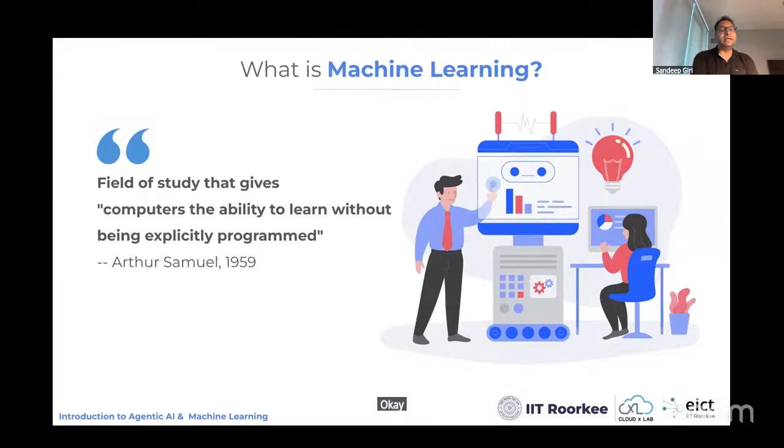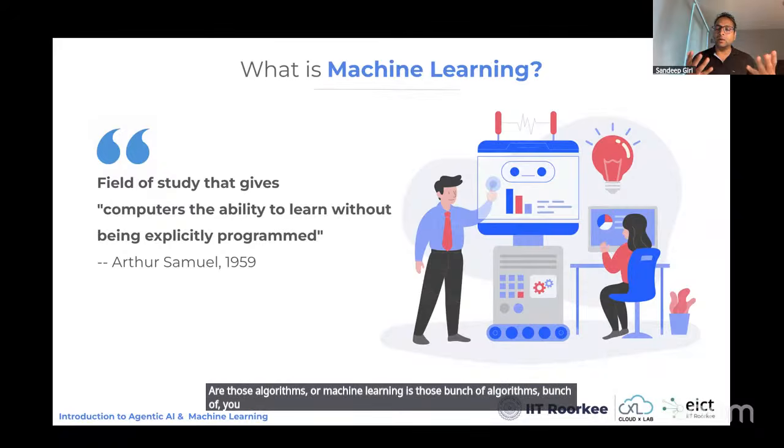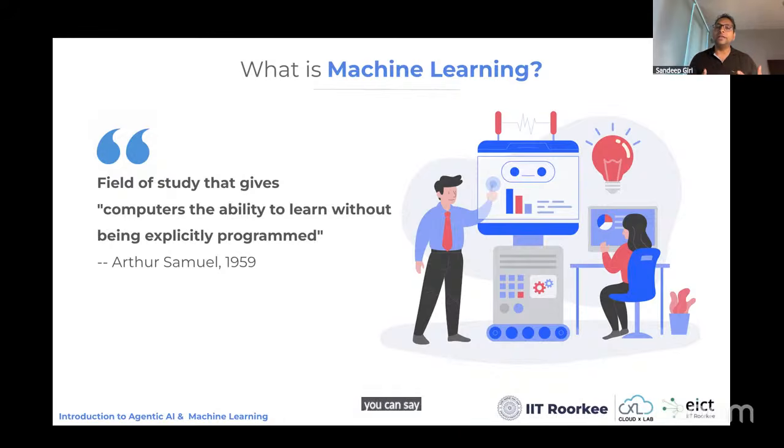Machine learning is a bunch of algorithms, code, or mathematical formulations that make it possible to learn from the data.